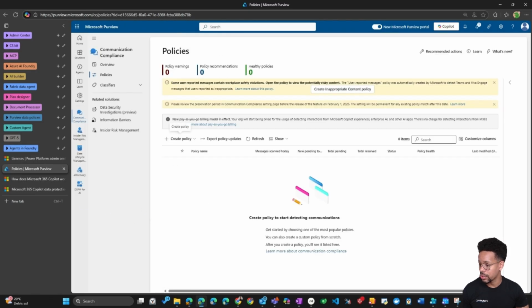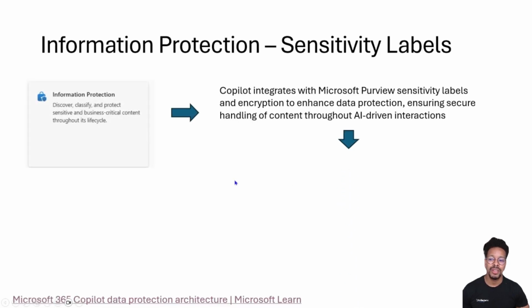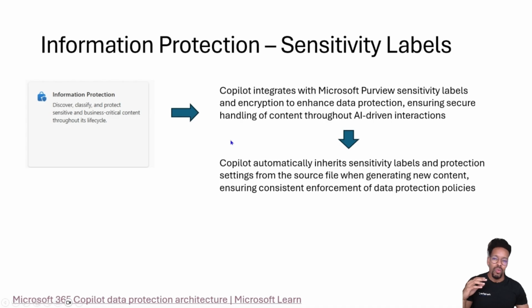Let's do a quick go through for the last one, sensitivity labels. So Copilot actually integrates with all the sensitivity labels you have in SharePoint and all the different labels you have in your company. With that said, let's look at what happens behind the sensitivity labels. How does Copilot respect and inherit these sensitivity labels?